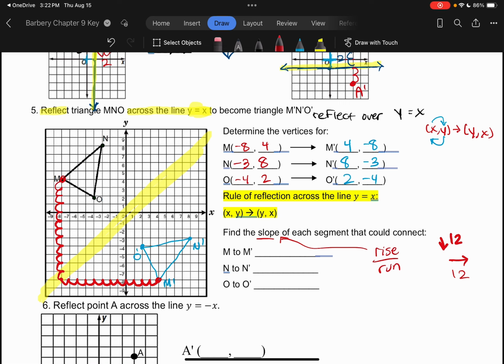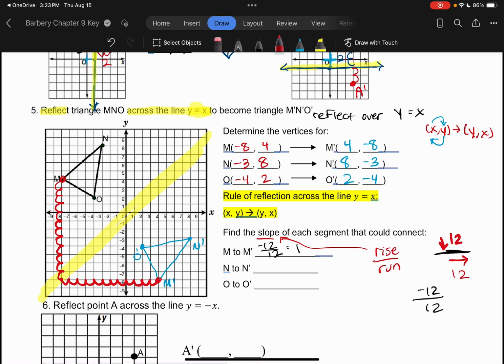So our slope would be written as -12 over 12, because remember you start with rise. And that just gives you -1.